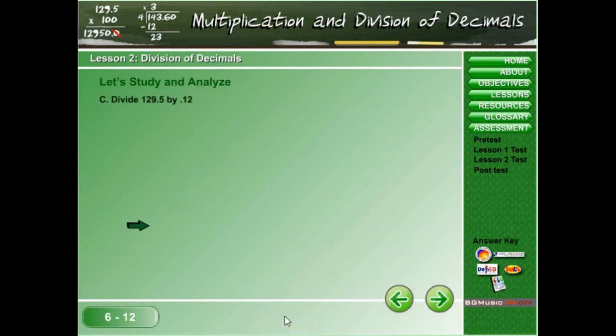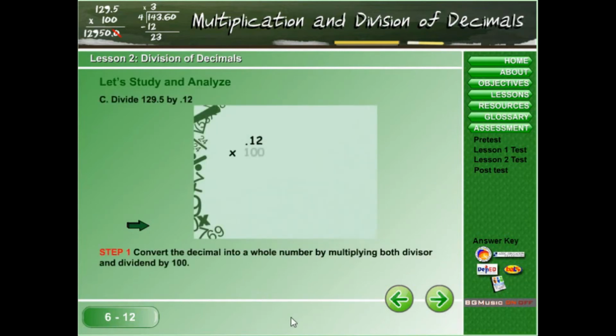C. Divide 129.5 by 0.12. Step 1. Convert the decimal into a whole number by multiplying both divisor and dividend by 100.